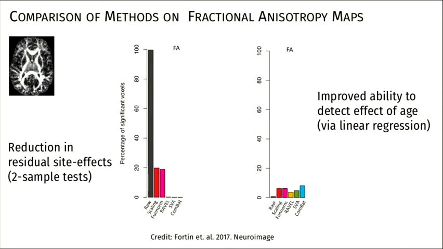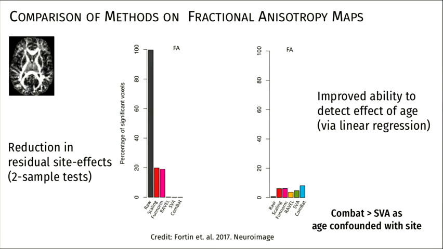But they also quantified the effect size of being able to detect age-specific variations in the voxels. And what they found is that Combat was able to do the best on this. It increased the effect size of interest, which is another highly desirable property. Based on the previous measure, you couldn't tell which of these was performing any better. They all look similar, right? But by looking at the effect size of interest, you can see that some are doing a better job than others.